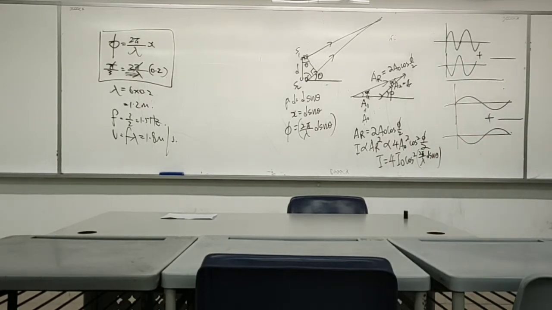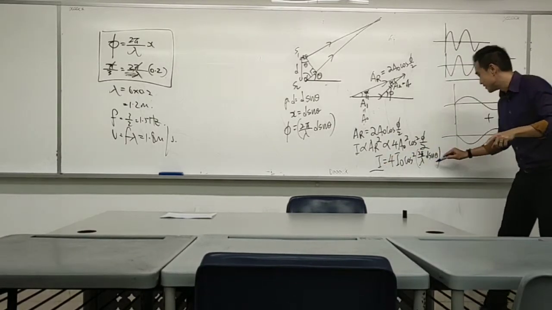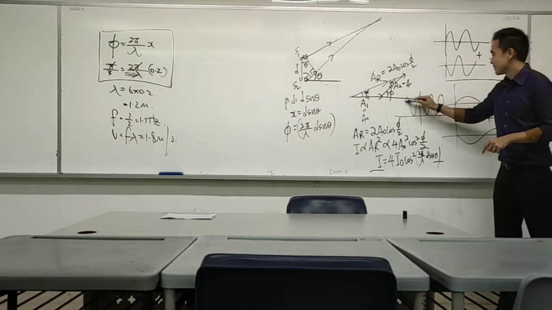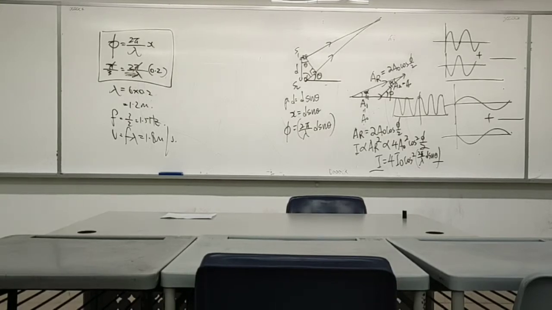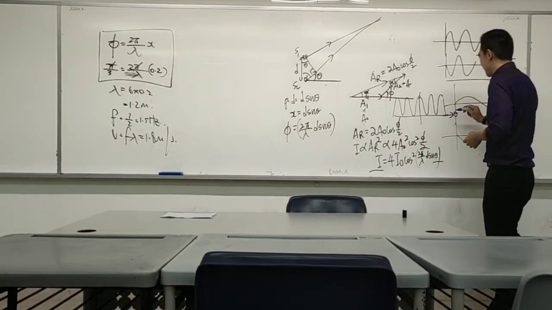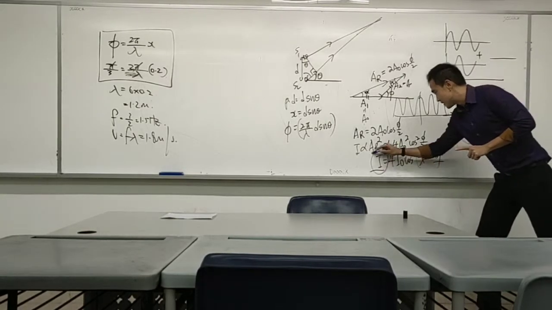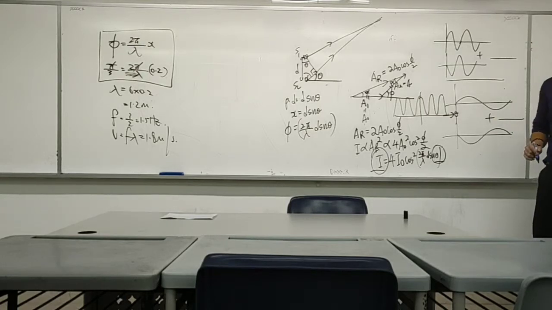Now, if you use a graphics calculator to plot I against theta, this is exactly what you are going to get, which is the double slit interference pattern. If you plot the resultant intensity against the angle at which you are sweeping across, this is the graph you will get if you use a graphics calculator or Wolfram or whatever.